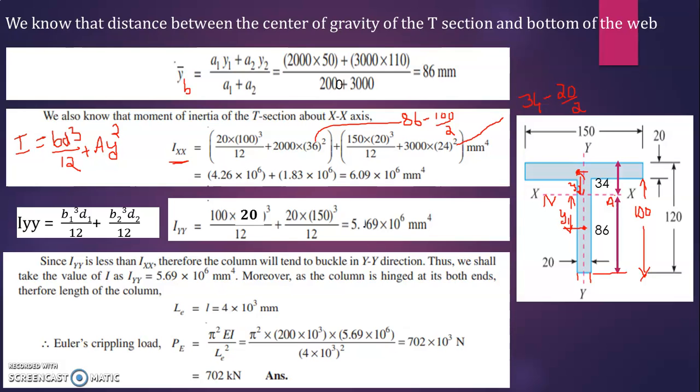You have the formula a1 y1 plus a2 y2 divided by a1 plus a2. First you have to assume one reference axis, either at the top or bottom. Any side is fine. If you consider it at the top, the answer you get is yt. I have considered it at the bottom, so whatever answer I get is from the bottom.